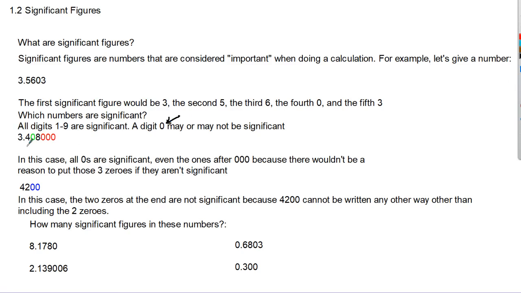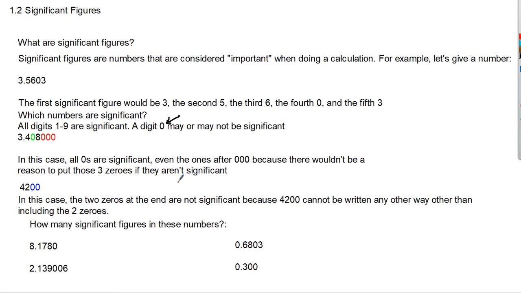So for example, in 3.408000, all the numbers are significant, because the 0 before the 8 is significant since it shows the accuracy, and there's an 8 after. If there were no 0, it would be read as 3.48, which is not equal to 3.408, and then there are 3 zeros at the end.